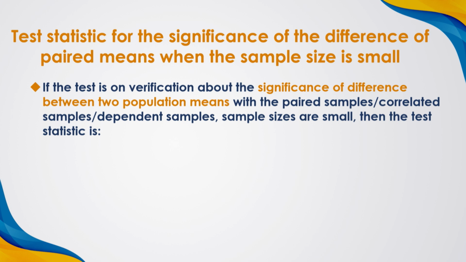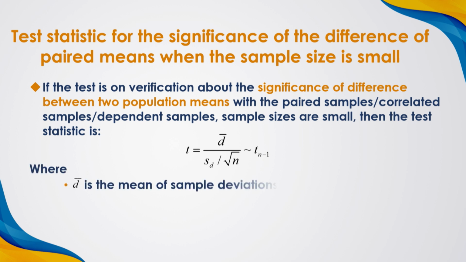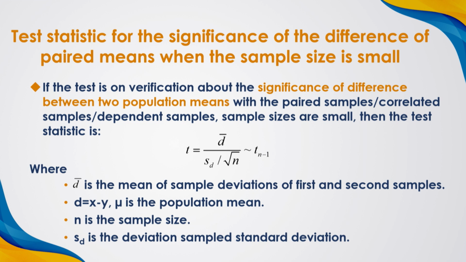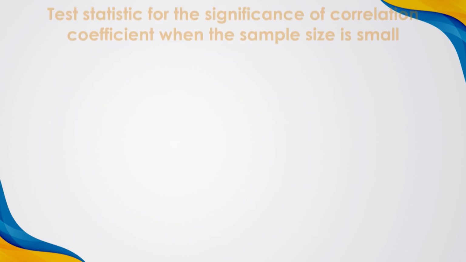If the test is on verification about the significance of difference between two population means with paired samples, or correlated samples, or dependent samples, and the sample sizes are small, then the test statistic is defined as t equal to d bar by sd by root n, which follows t with n minus 1 degrees of freedom, where d bar is the mean sample deviation from the first and second samples, d is nothing but x minus y, mu is the population mean, n is the sample size, and sd is the sample standard deviation of the differences.